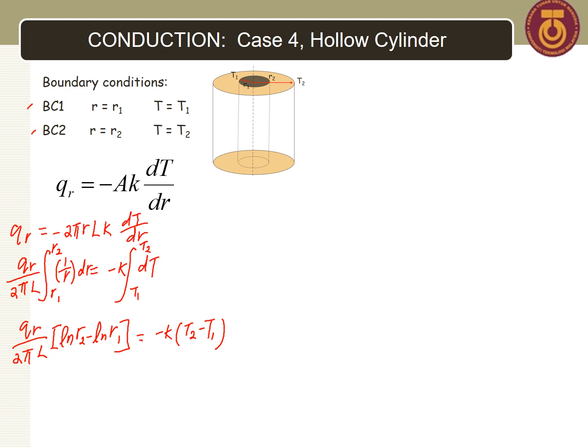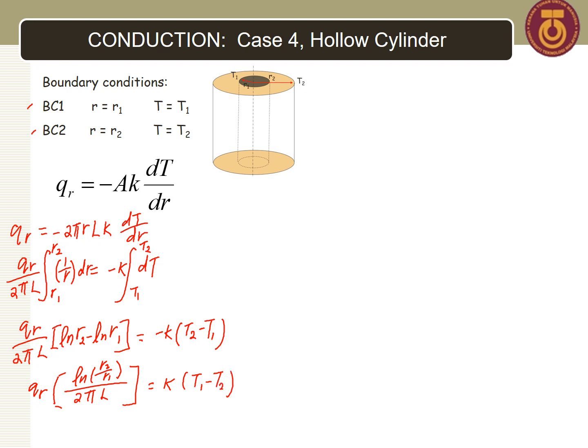Okay, now let's rearrange. So we will get Q(r), then inside the bracket we have ln R2 over R1. We move this inside the constant 2 pi L. Here we want to get rid of the negative sign, so now inside the bracket is T1 minus T2.